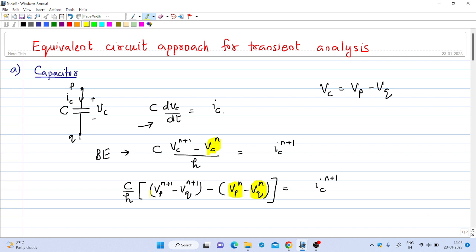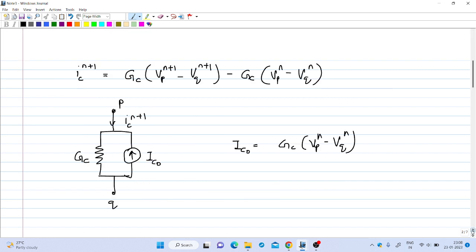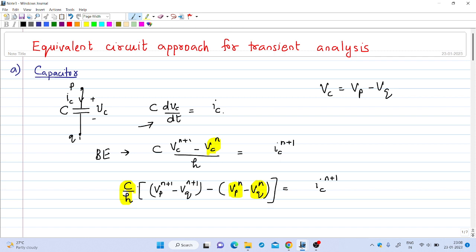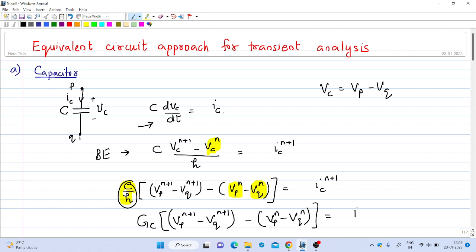Now this quantity C by h, we can write as Gc. So in the previous equation, I have replaced this quantity by Gc. So Gc into (Vp n plus 1 minus Vq n plus 1) minus (Vpn minus Vqn) is equal to IC n plus 1.